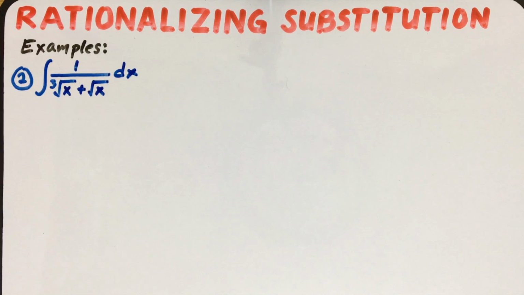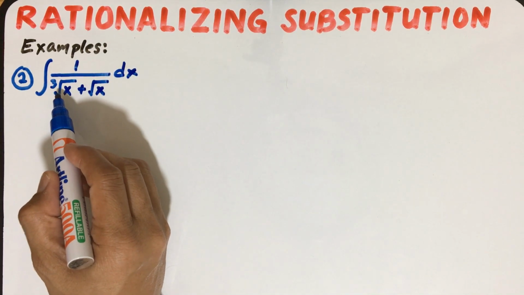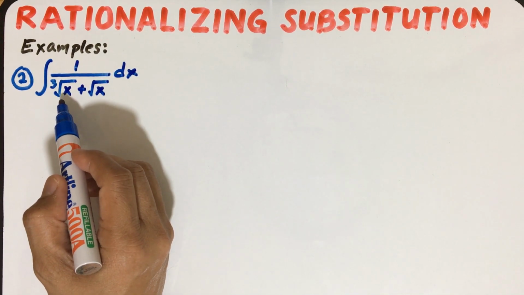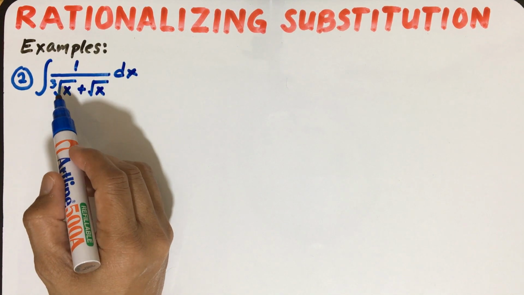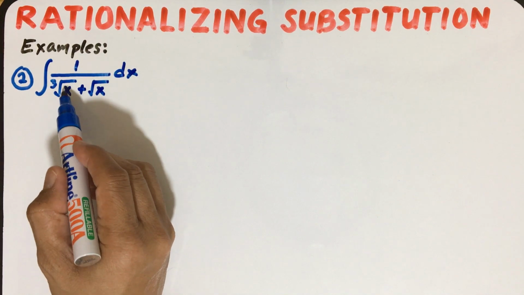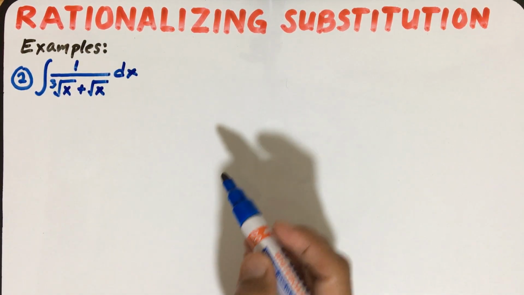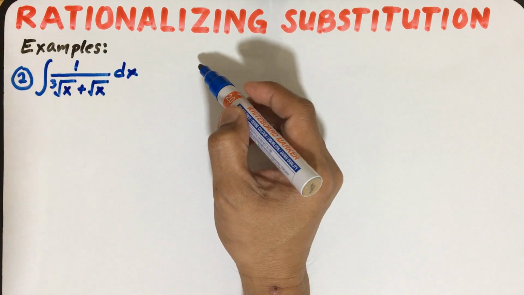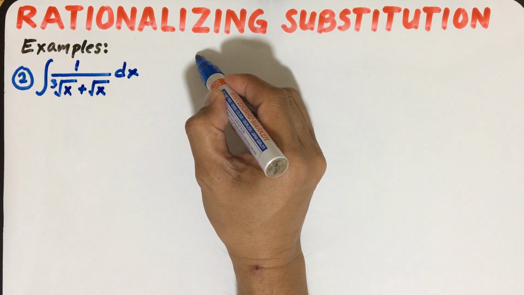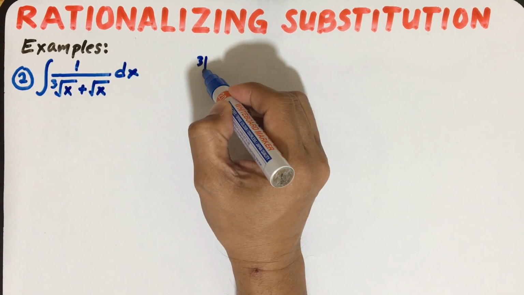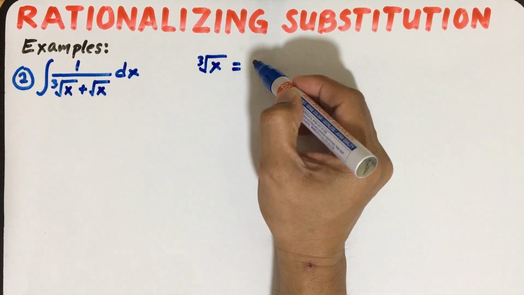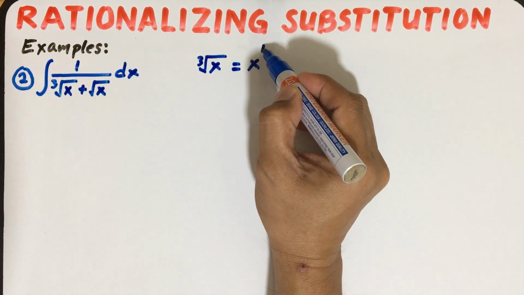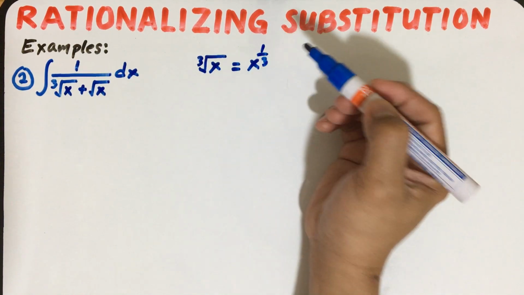Now we know that the cube root of x, when you express this in terms of a rational exponent, is just equal to x to the power 1/3, right?